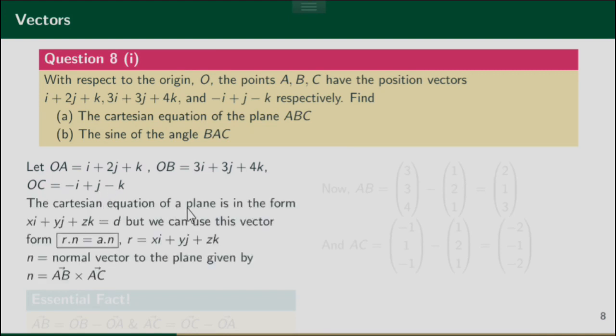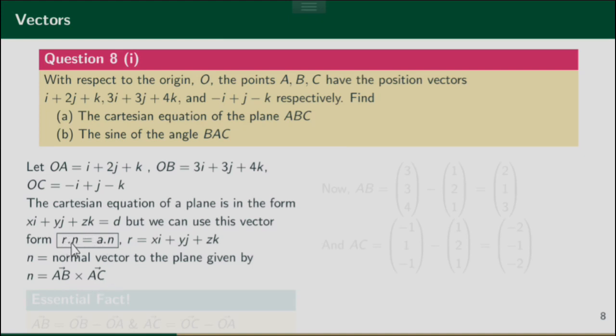Now, the Cartesian equation of a plane is in the form xi plus yj plus zk is equal to d. But we can use this vector form, r dot n is equal to a dot n. r here is the general point, which is xi plus yj plus zk. n is the normal vector to the plane, where n is given by the cross product of the direction vectors AB and AC.